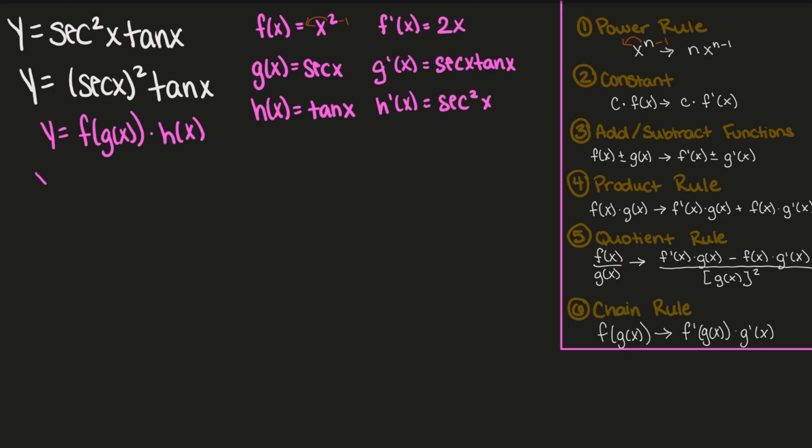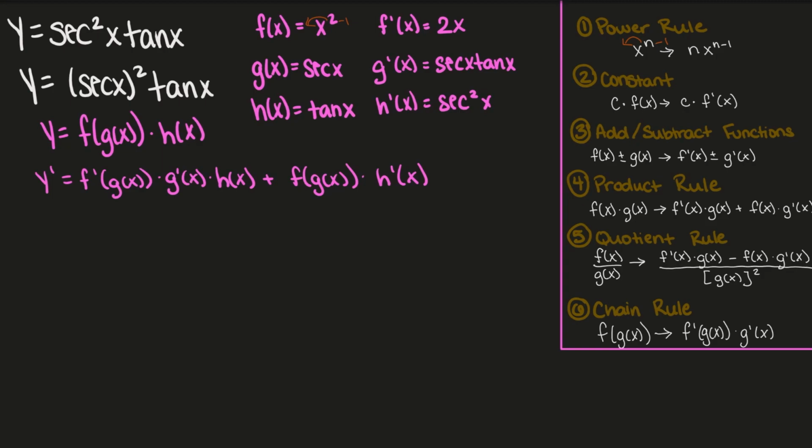So when we take our derivative of our product and chain rules, we'll have f prime g of x times g prime x times h of x plus f of g of x times h prime x.